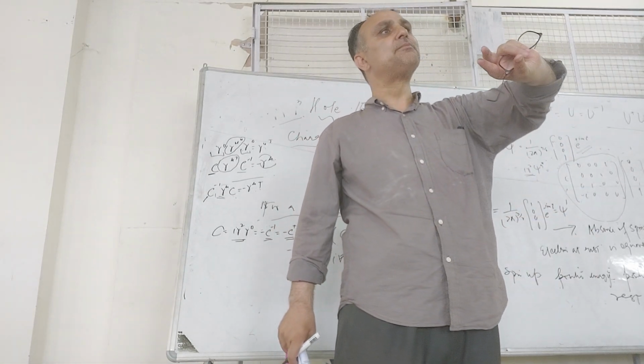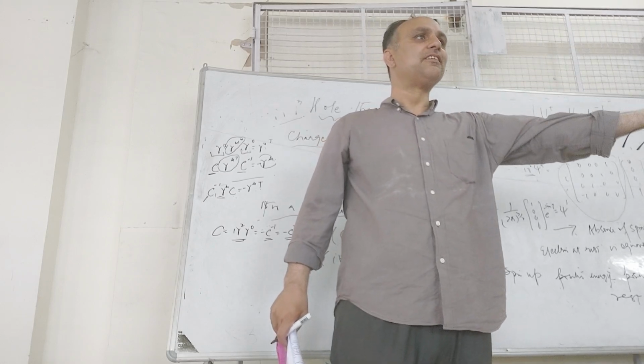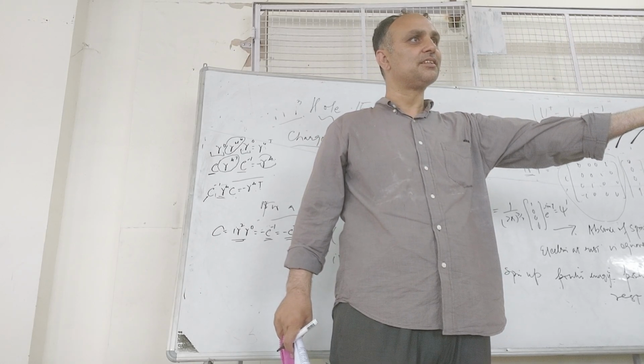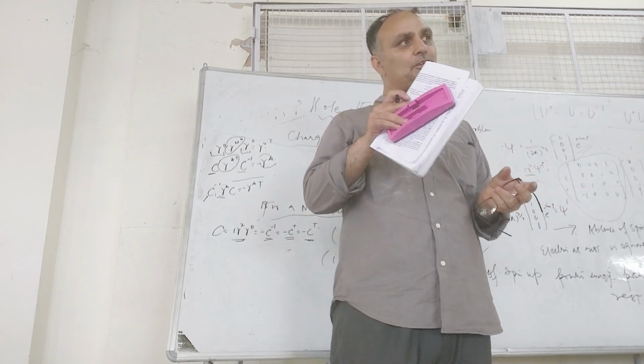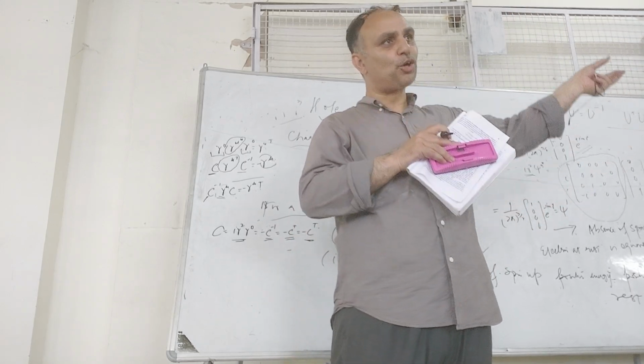So if one thing is absent, we can have other things also absent. So if the positron is at rest, the electron will also be at rest. If the electron has spin up, the positron's spin is the opposite.